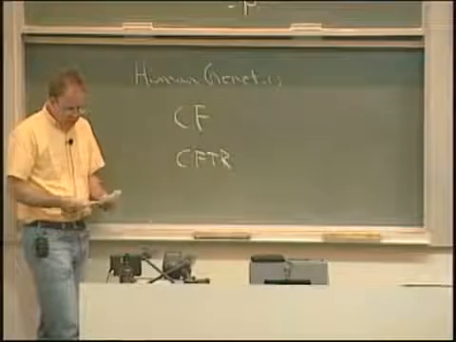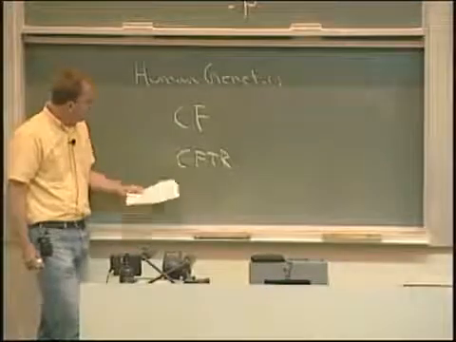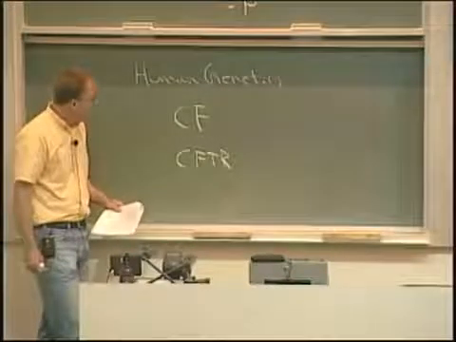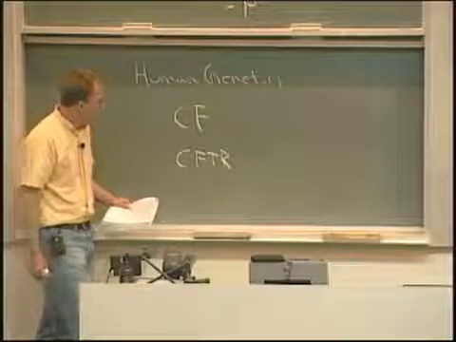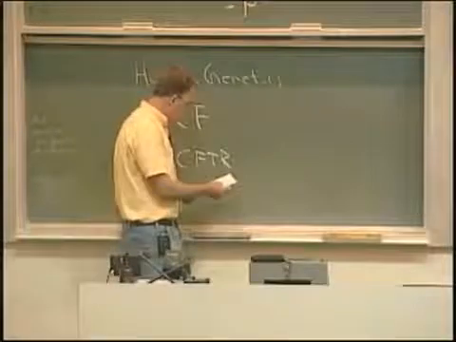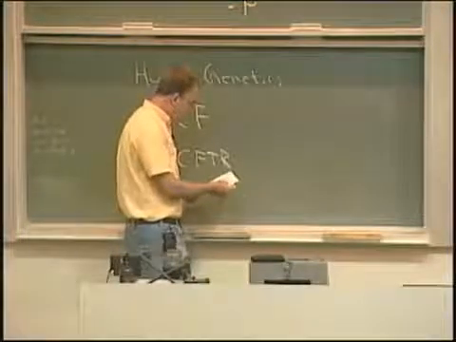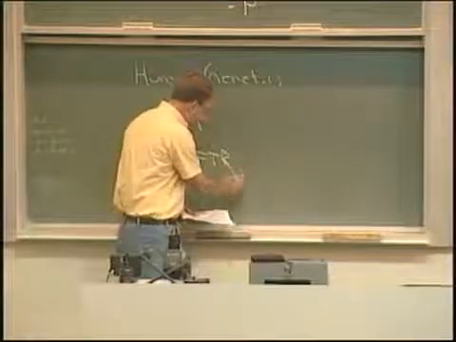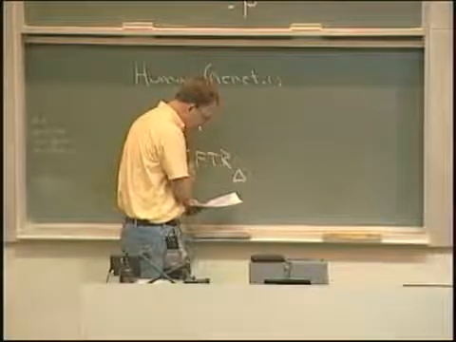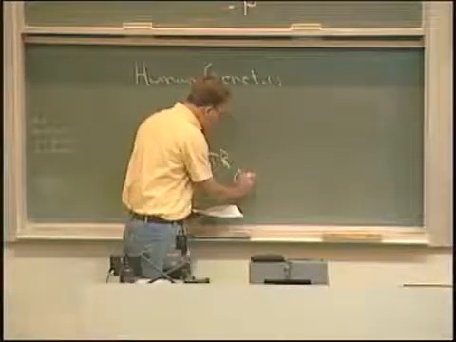This is a gene, and the allele that causes cystic fibrosis is at low frequency in European populations. By the way, the allele that causes this is called delta F508.